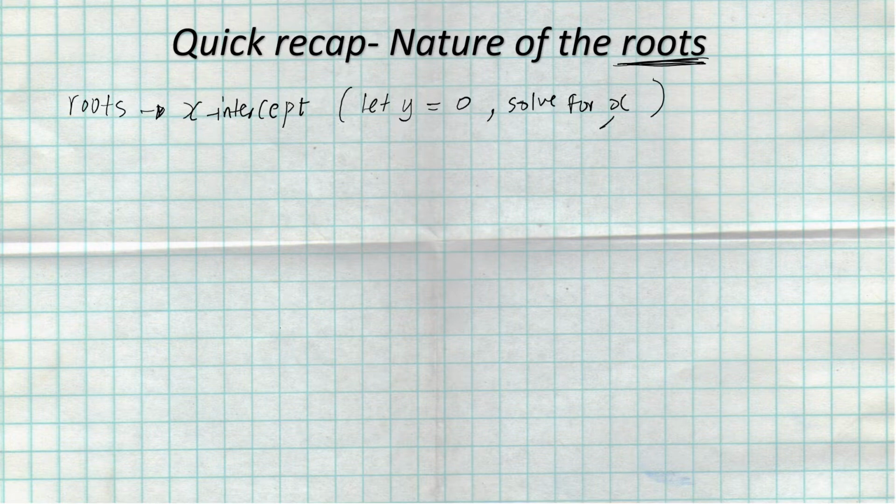Those x values that you solve for are known as the roots. So when we say nature of the roots, it means the way in which your roots can be.